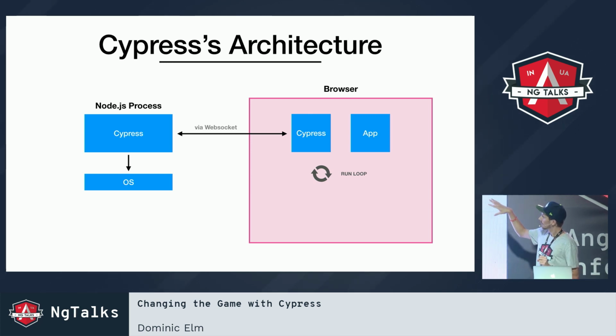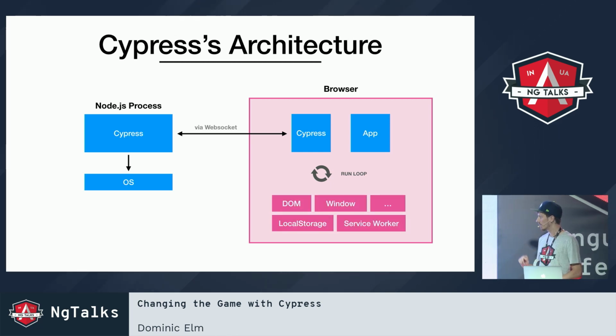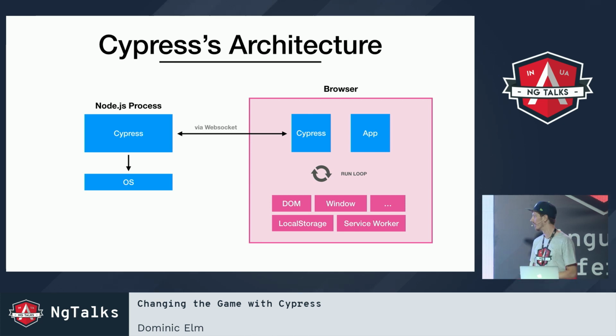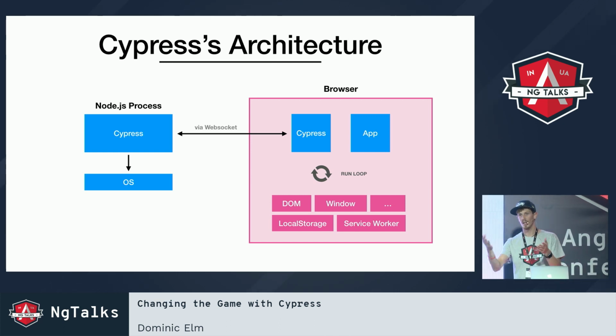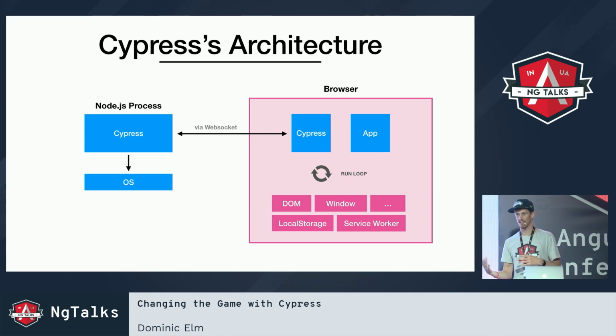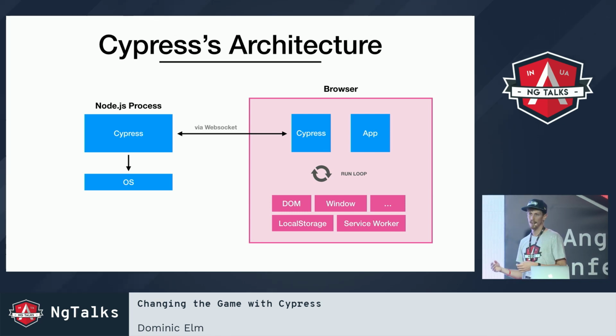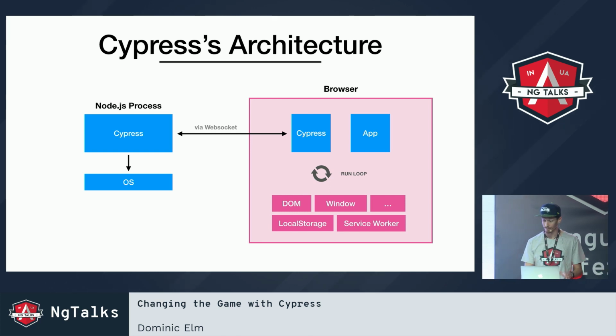This means most commands are executed right in the browser, so that allows us to access everything that is accessible in the browser, meaning the DOM, the window or document object, the local storage, service worker, you name it. And for anything that requires higher privileges, like taking screenshots, general file system operations, controlling the network, and these kind of things, that's done by the Node.js process because it has access to the underlying operating system.